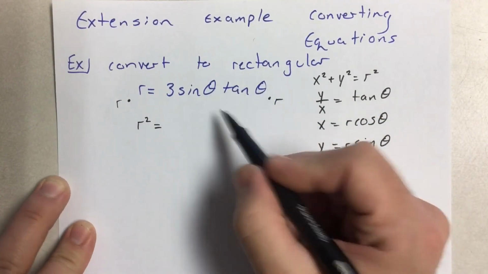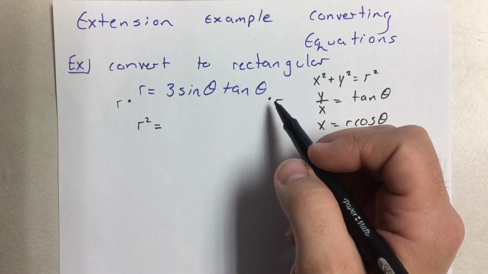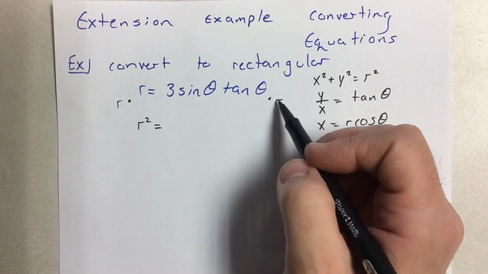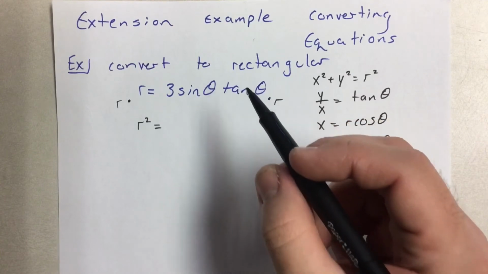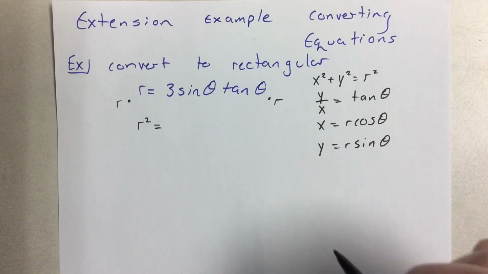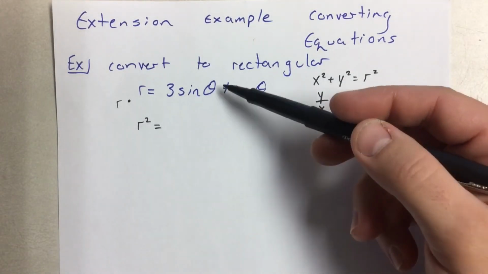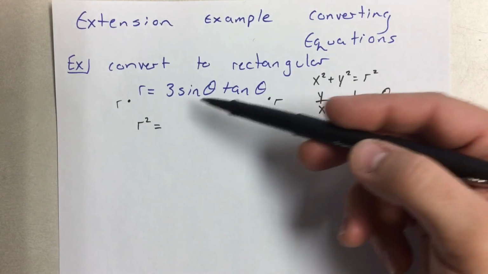We multiply this side by r, we multiply this side by r, and we get r squared. Now be cautious on this side. You might be thinking distributive property, distributing the r to the sine and the r to the tangent. But we would only need to think distributive property if there was addition or subtraction between these two terms.